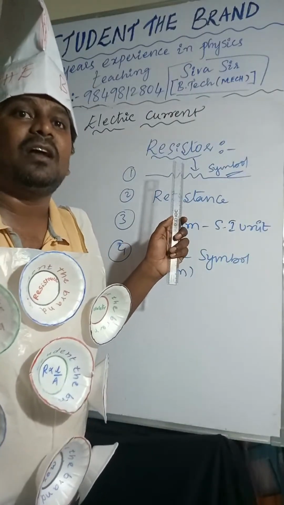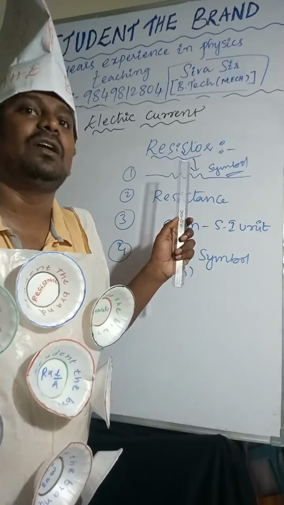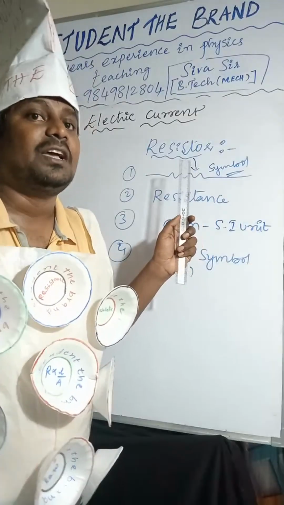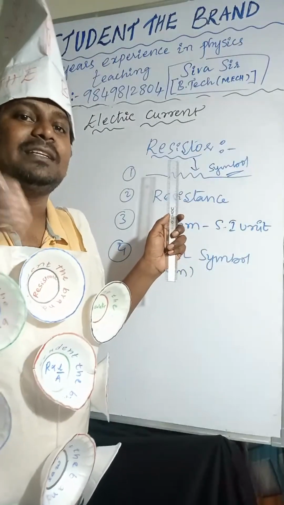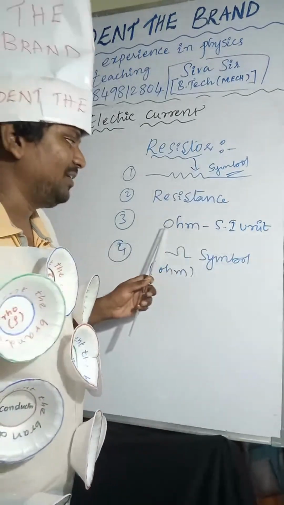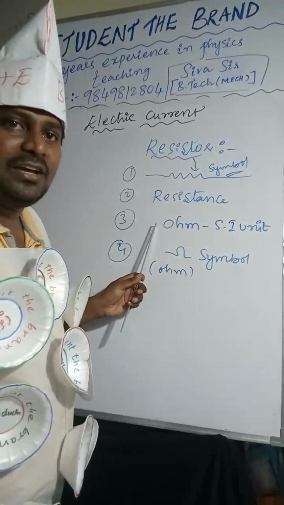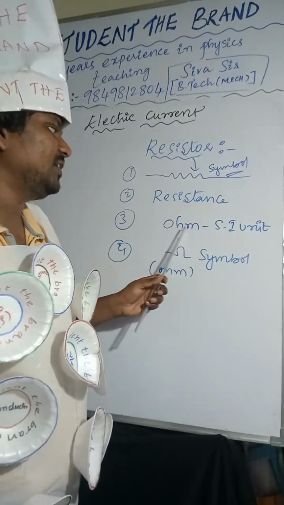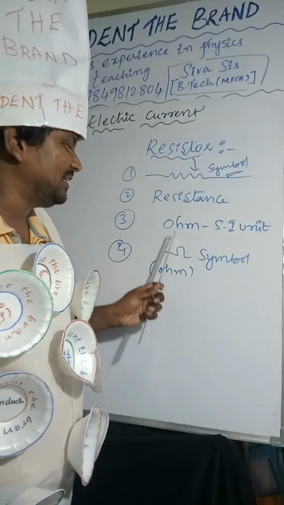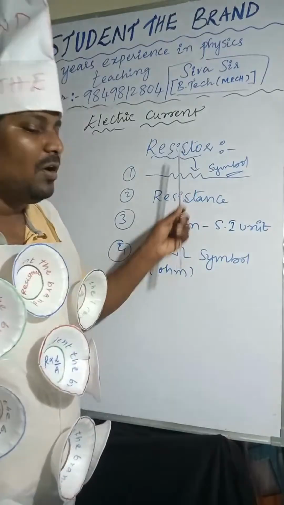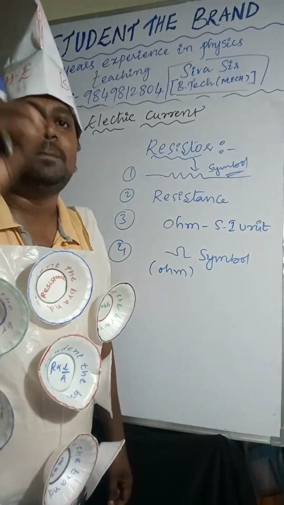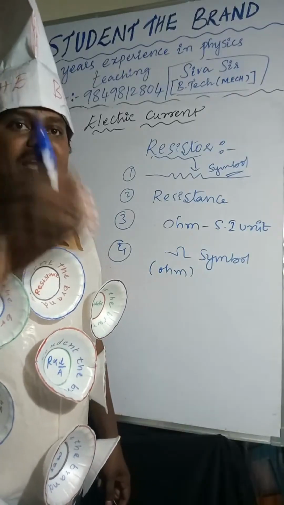The SI unit of resistance is ohm. This is the symbol of the SI unit ohm. Among these 4 points, definitely 1 point will come in the exam.